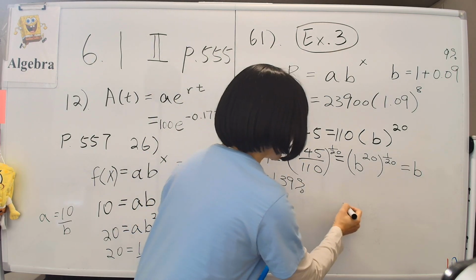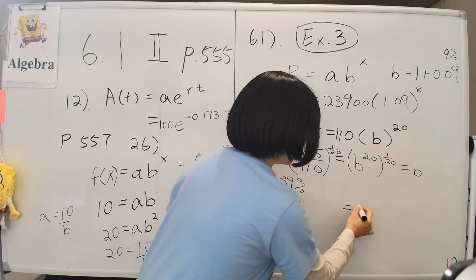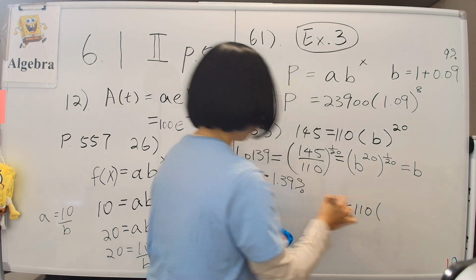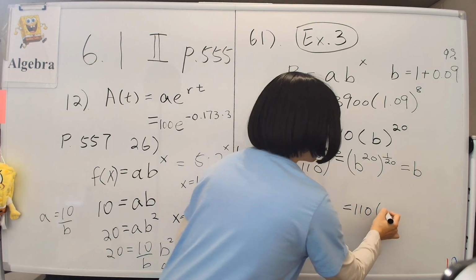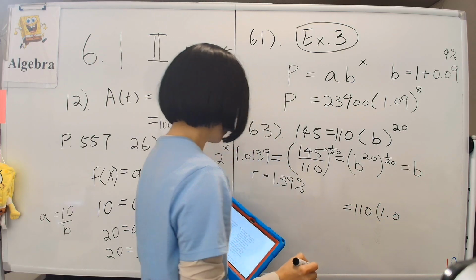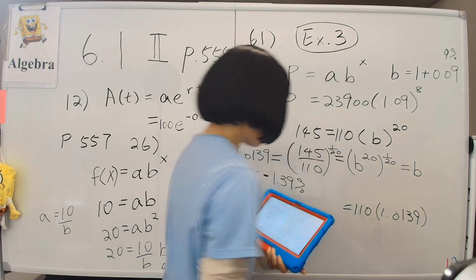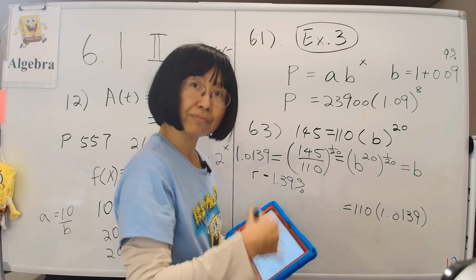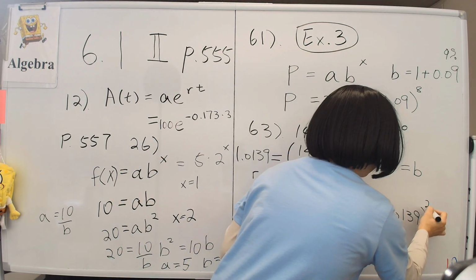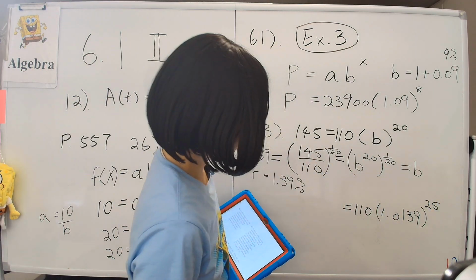So it's 110, and B is now 1.0139, raised to the power 25, the years from 1985 to 2010.